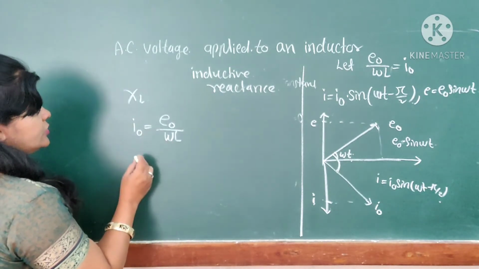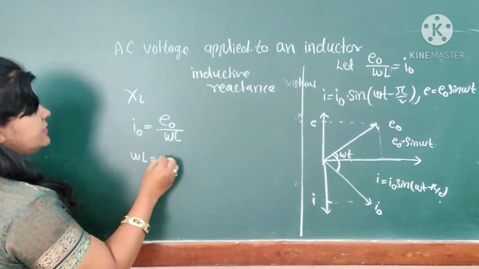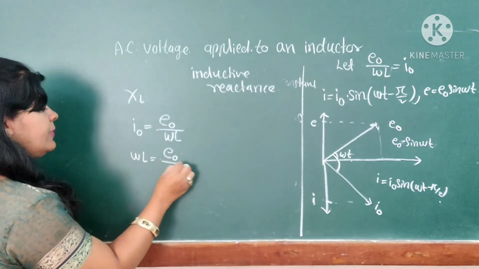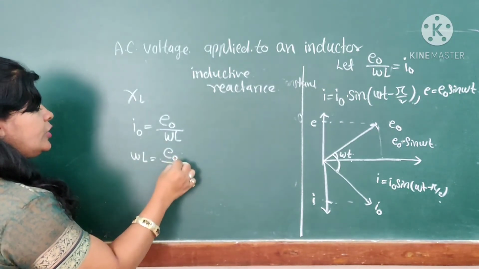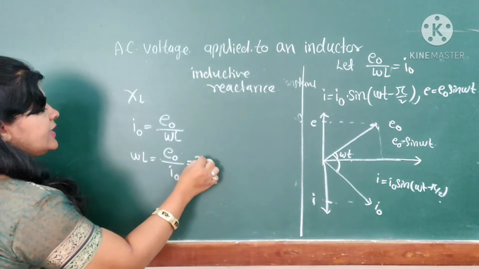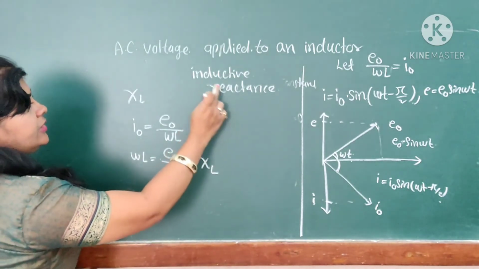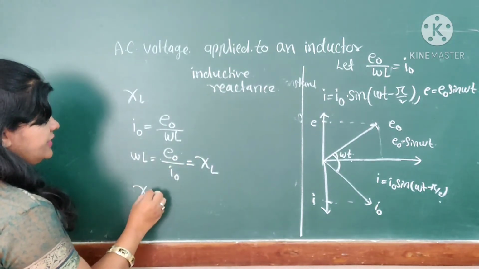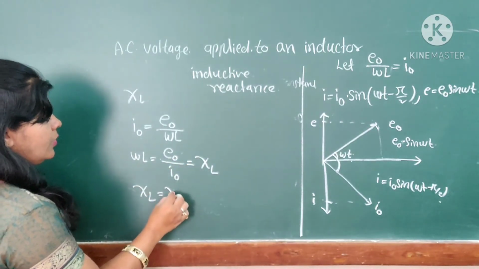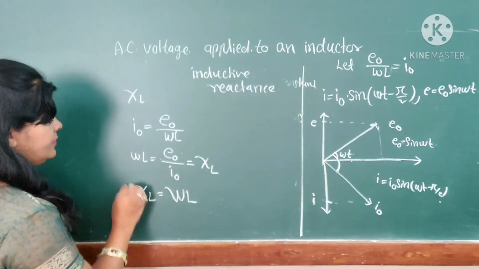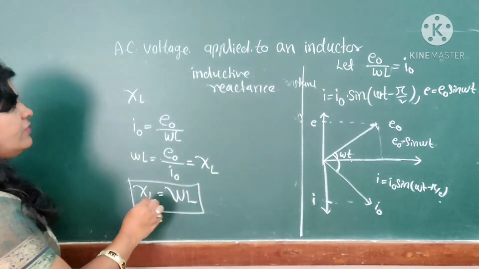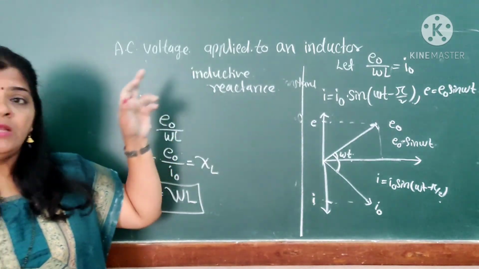Then, by cross multiplication, omega L is equal to E naught divided by I naught, and E naught upon I naught is taken as XL, which is nothing but the inductive reactance. That's why we write XL is equal to omega L, and this is the formula for inductive reactance.